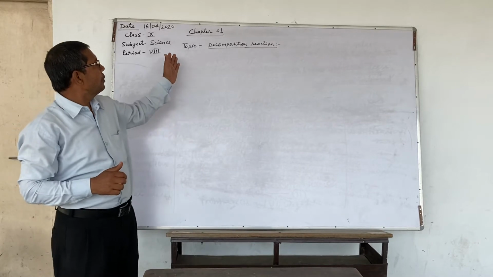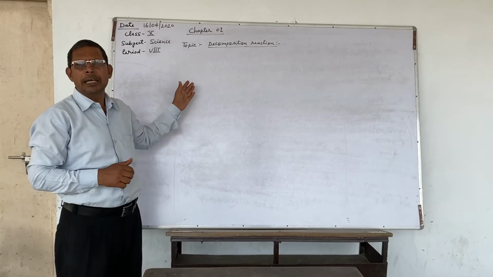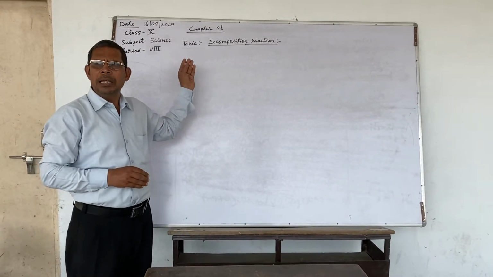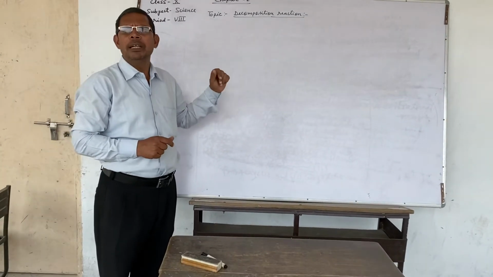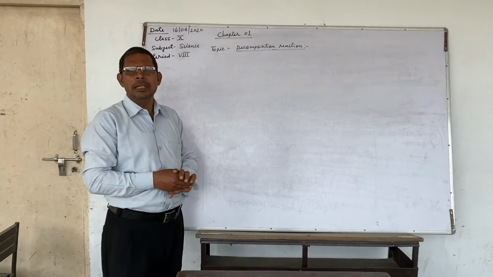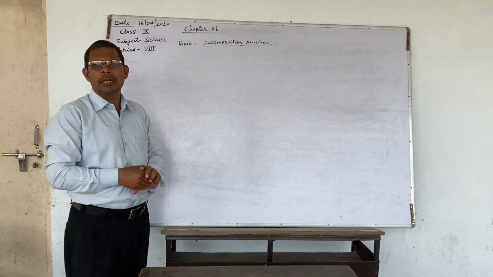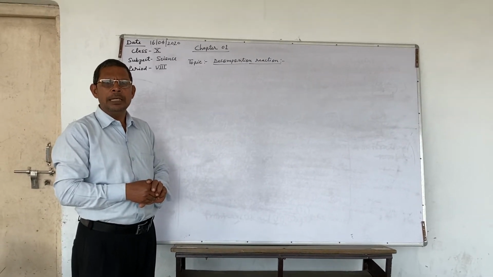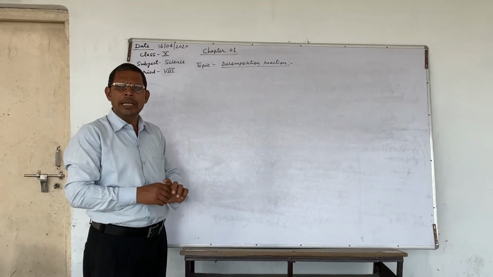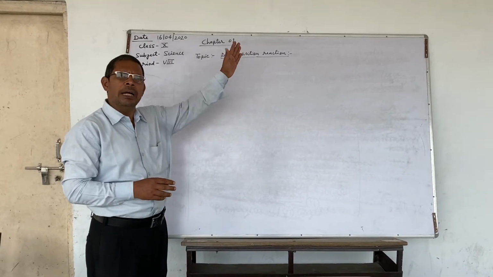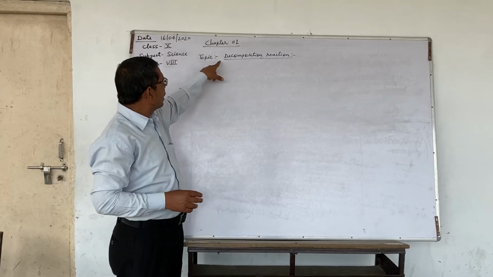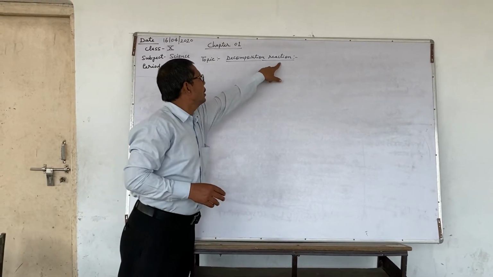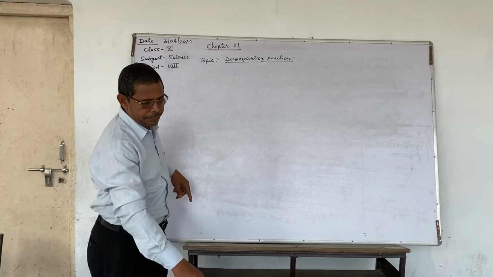Yesterday I was telling you about types of chemical reaction, that is combination reaction, decomposition reaction, displacement reaction, double displacement reaction and redox reaction. The chemical reactions can be classified in this way. Here, the second type is the decomposition reaction.